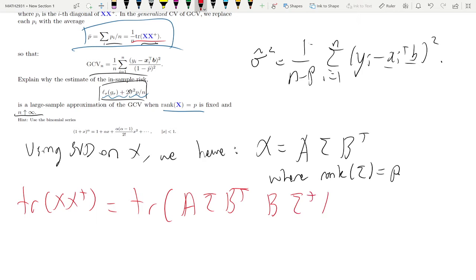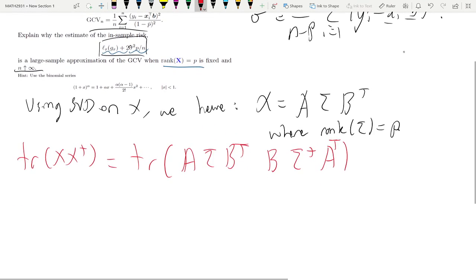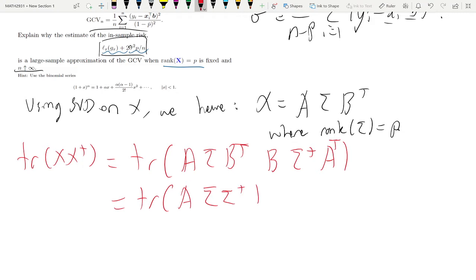Just b plus a transpose. Since this is orthonormal, you can just get rid of it. That's fine. Sigma plus a transpose.